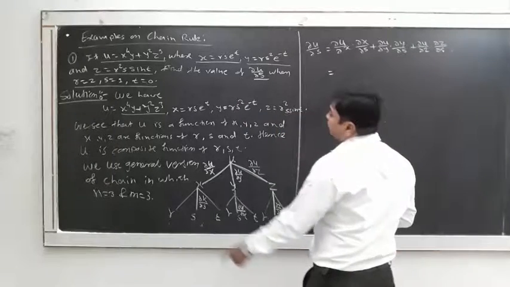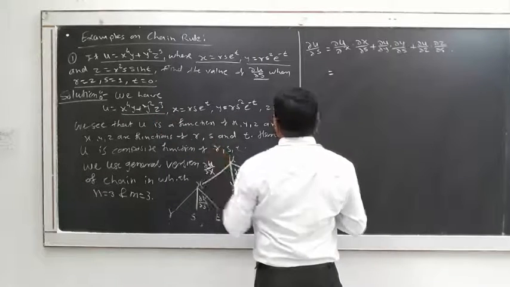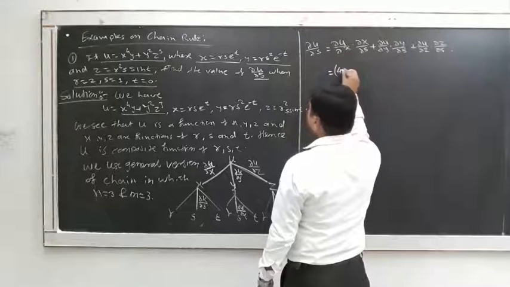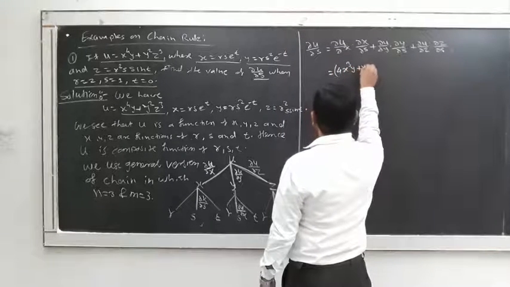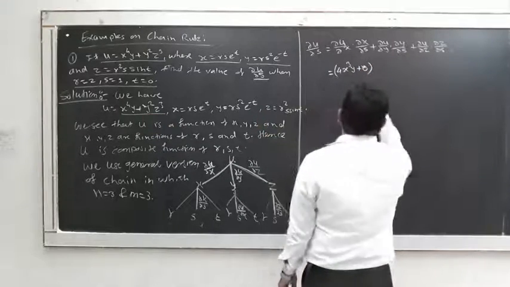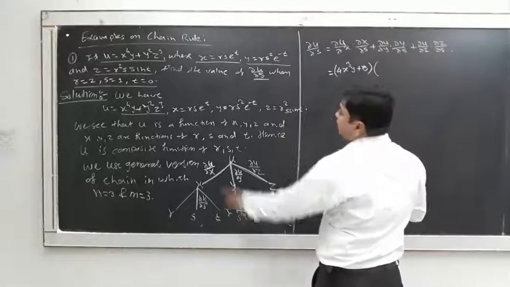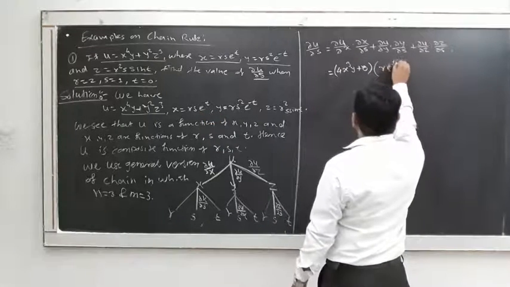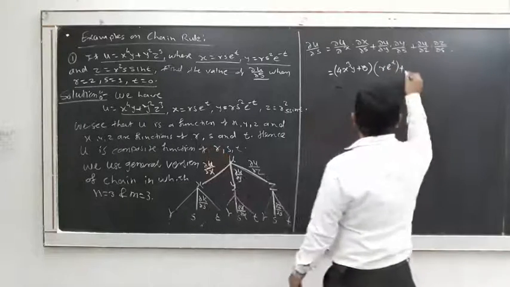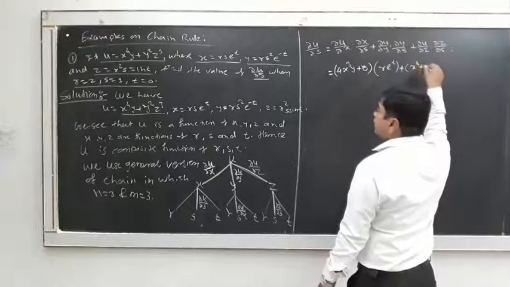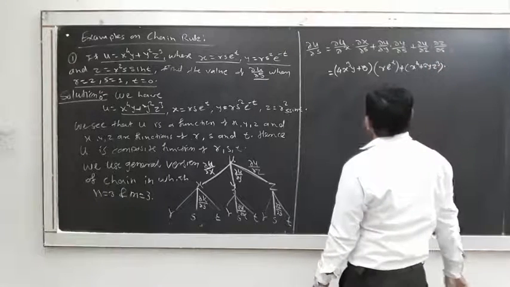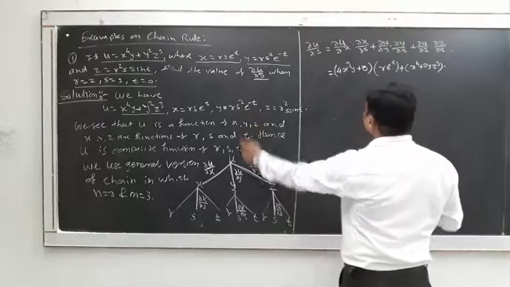Del u by del x: take the derivative of u with respect to x, keeping y and z constant, that is 4x cube y plus 0, because the derivative of the second term is 0 since both are constant. Del u by del x into del x by del s is nothing but r e raised to t, plus del u by del y, which is x raised to 4 plus 2y z cube, into del y by del s. Del y by del s, it is what?